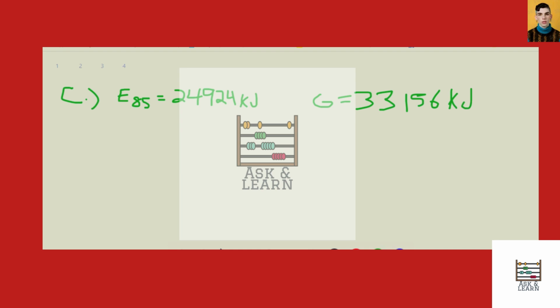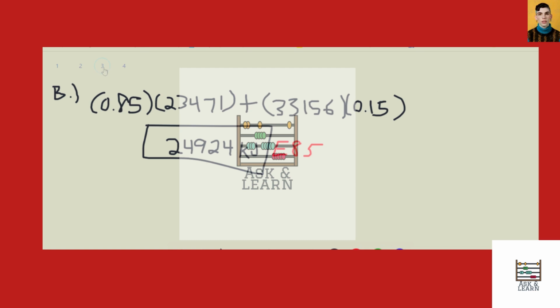So we need to find the ratio, like how much more energy we're producing, proportionally, of gasoline per E85. So we do this: 33,156 over 24,924.